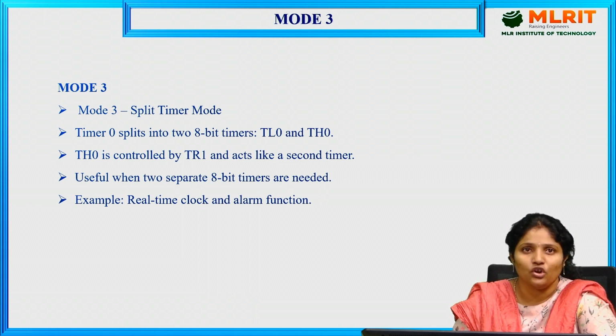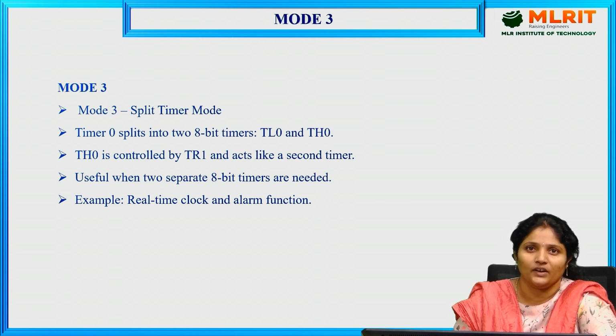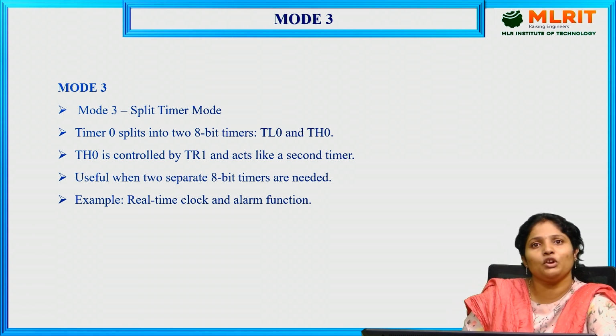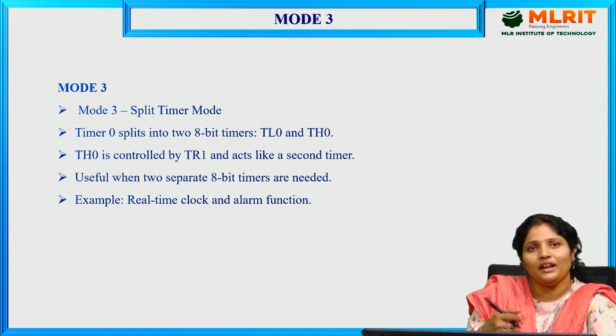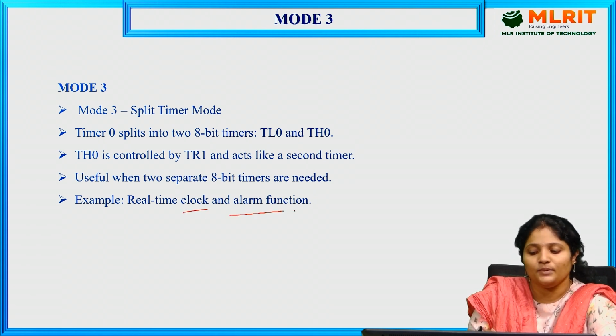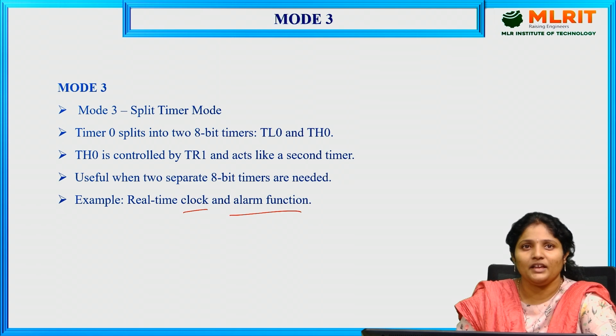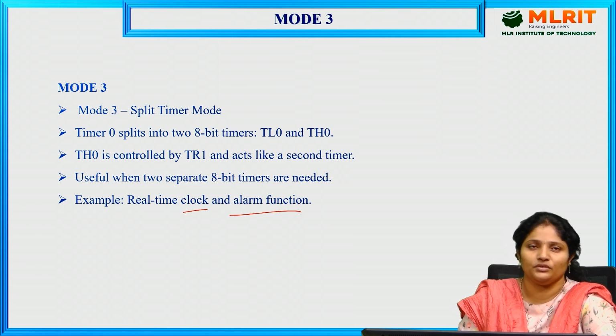TL0 is controlled by TR0, and TH0 is controlled by TR1 and acts as a second timer. This is useful when two separate 8-bit timers are needed, mostly in real-time clock scenarios. In a real-time clock, we need clock as well as alarm functions, so in those applications we will be using mode 3.